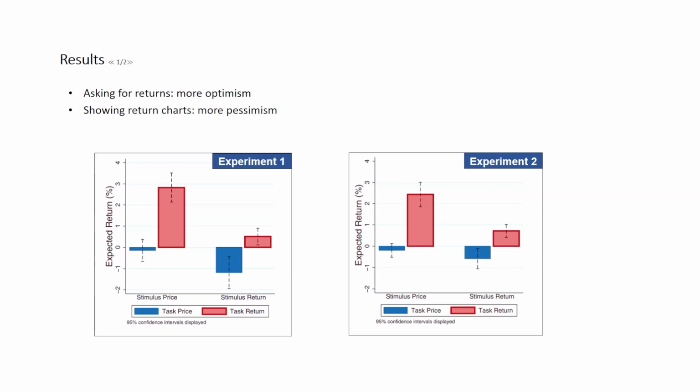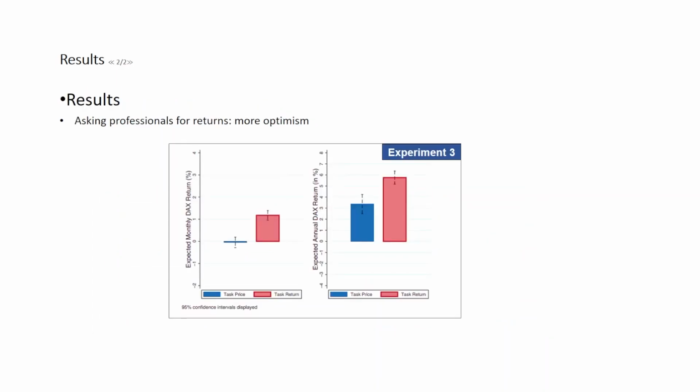That means that people tend to have higher expectations when they are asked to expect returns, but when we show them the return chart, they expect that the returns or the price would develop in a more pessimistic way. That is maybe because they are not professional.